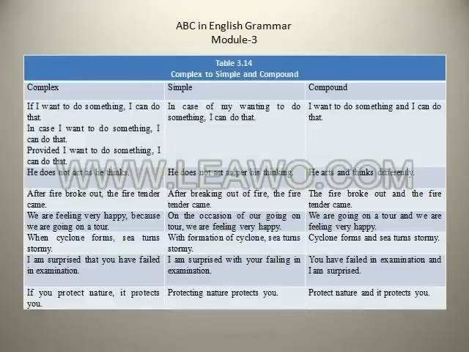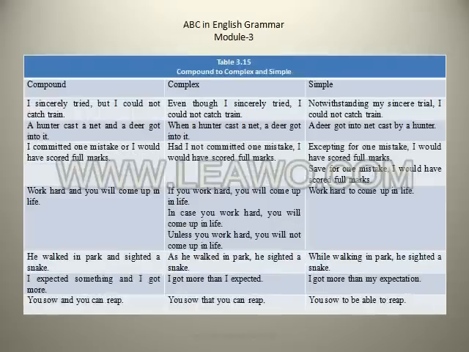Table 3.14: how to convert a complex sentence into simple or compound is explained in this table. Table 3.15: how to convert a compound sentence into complex or simple is explained in this table.